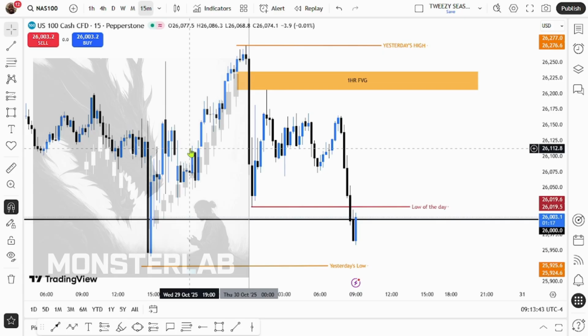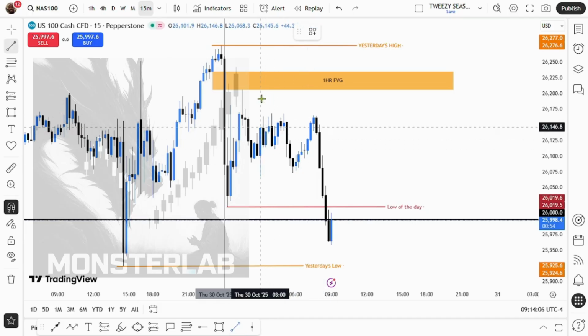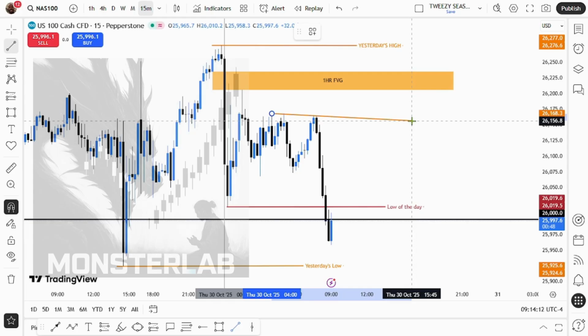I'm not really seeing that much in terms of wanting to jump in or looking for an entry, but we have to be patient. It's just before 9:30, and I like to wait until the 9:30 opening so that I can start looking for positions.